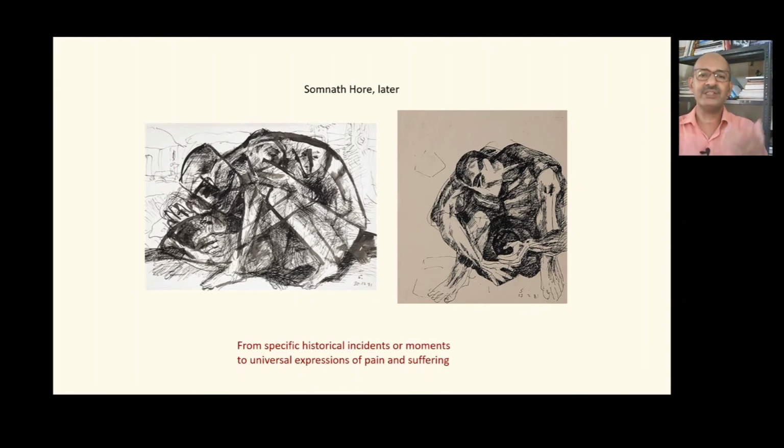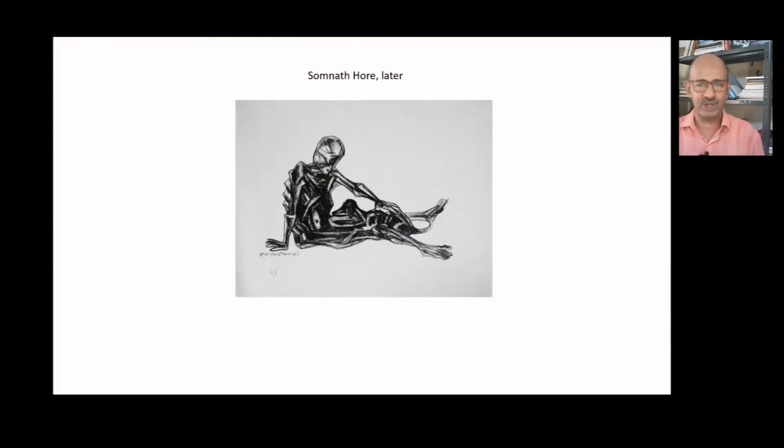So, universal or ideal expressions of suffering, pain, tragedy would become more and more a visible feature in many of these artists, even in the artworks by artists who started their career after 1940s, that is from 1950s.